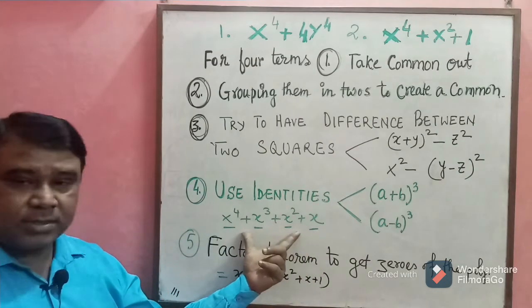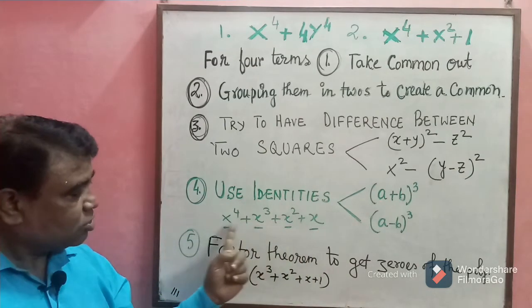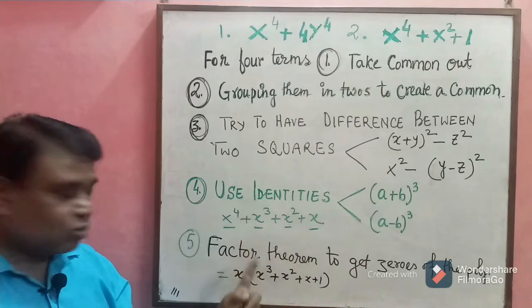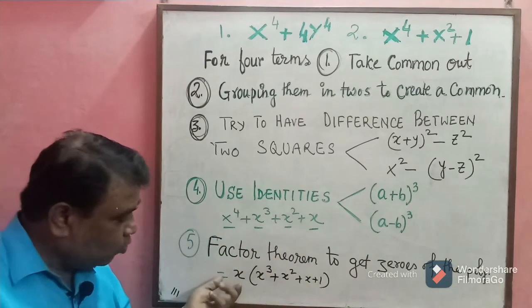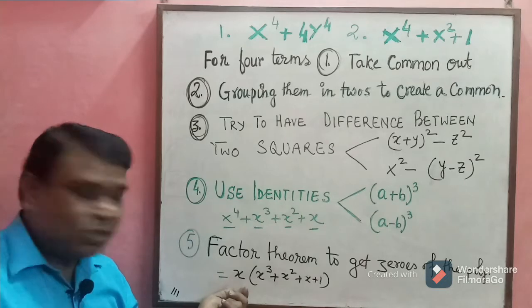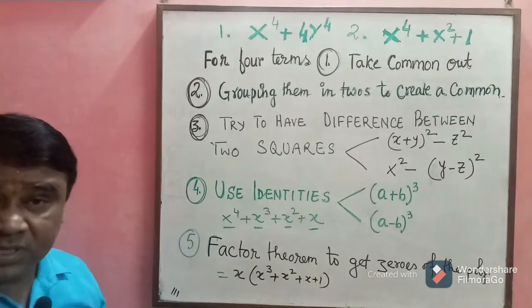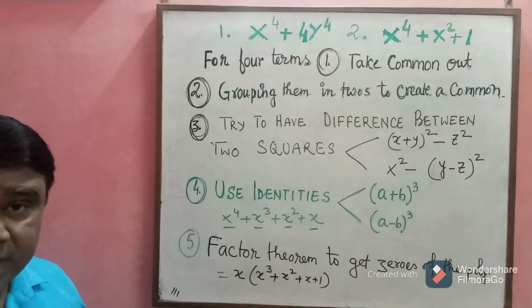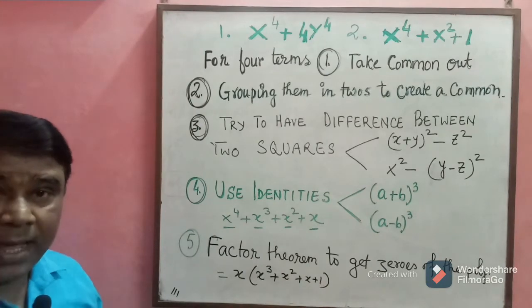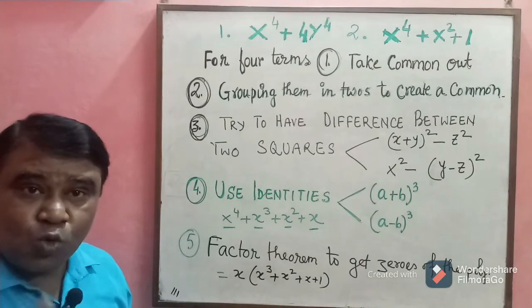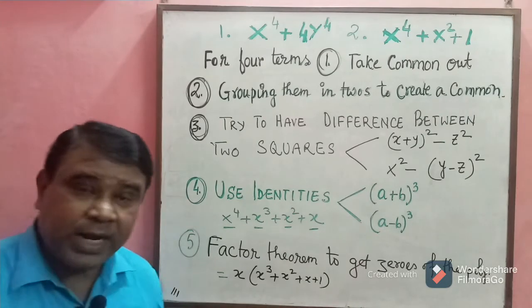We have taken x common to have a factor, and this is also a factor. Now there are again 4 terms remaining. Now asking you to arrange them in 2 groups to create a common.